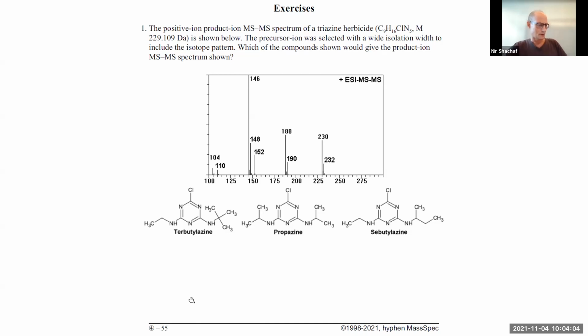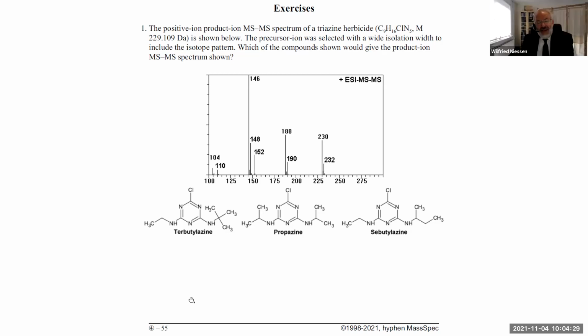And then what else? There is another 42 difference between 146 and 104, I think, which corresponds with, I don't know.